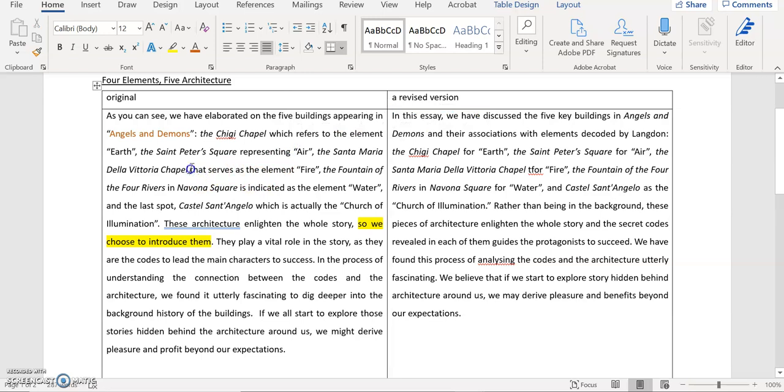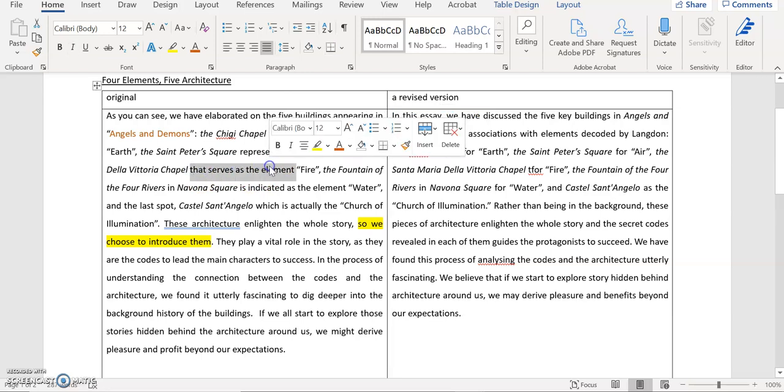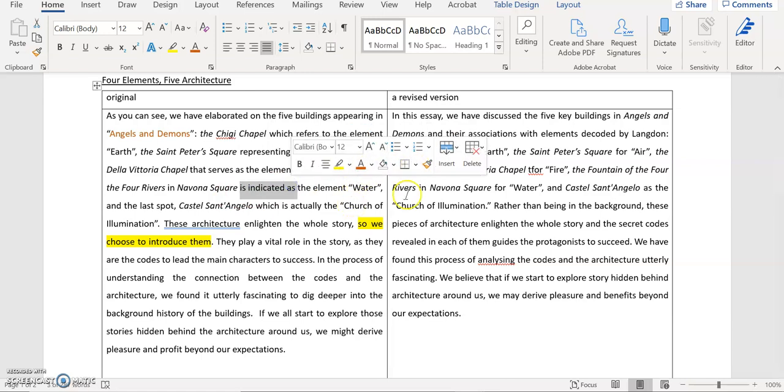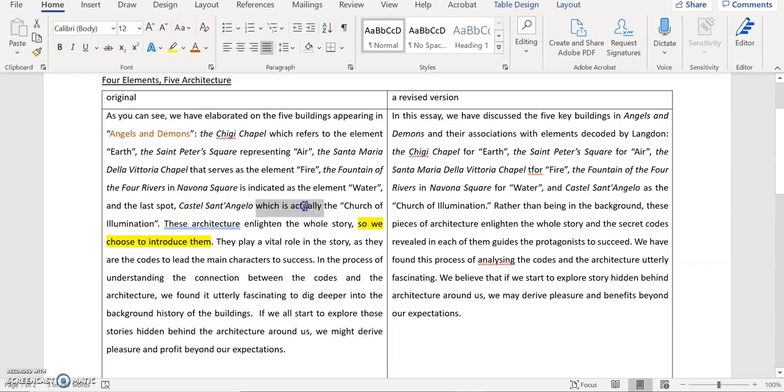And then relative clause again. And then there's a passive. And also there's a slight problem about the fourth one, the Fountain of Four Rivers in Navona Square, because this part is actually a sentence. And the next one, again, and then the next one is the relative clause.